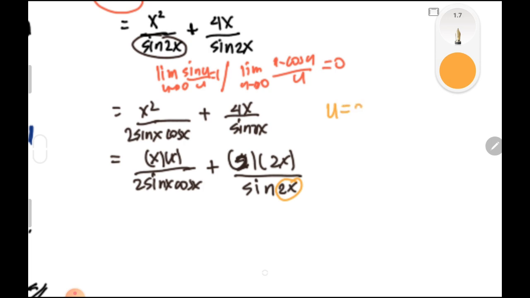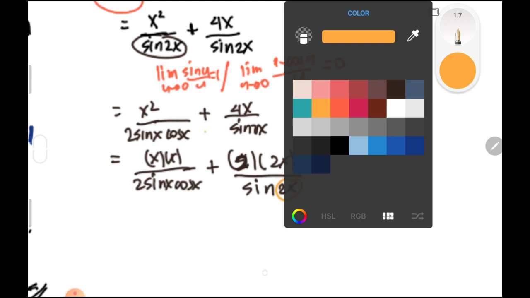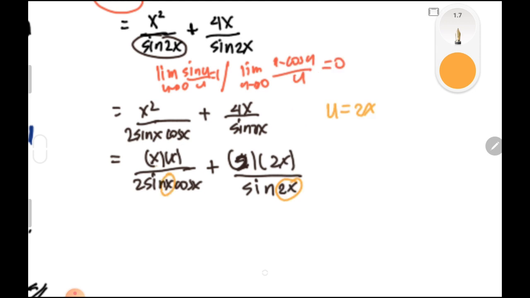Our u here is equal to 2x. Okay, so therefore our other u here is equal to x. So therefore we can say that we have x divided by 2.